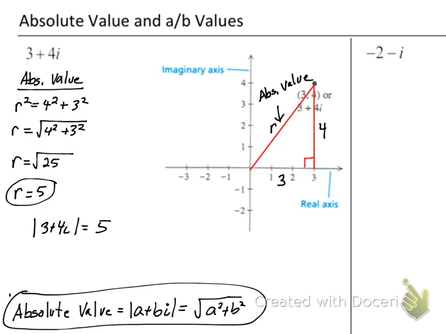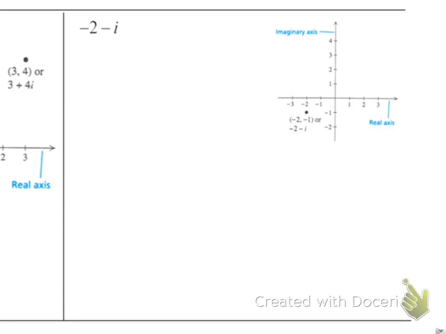All right, so for the next one we don't have to draw a picture. Well, I did draw a picture, I put where the point was. That point is at -2, -1, so if I'm looking for my absolute value, I'm actually looking for that distance from 0. That's just a vector, so I just need to find the magnitude. So my a, or my real number, is -2.